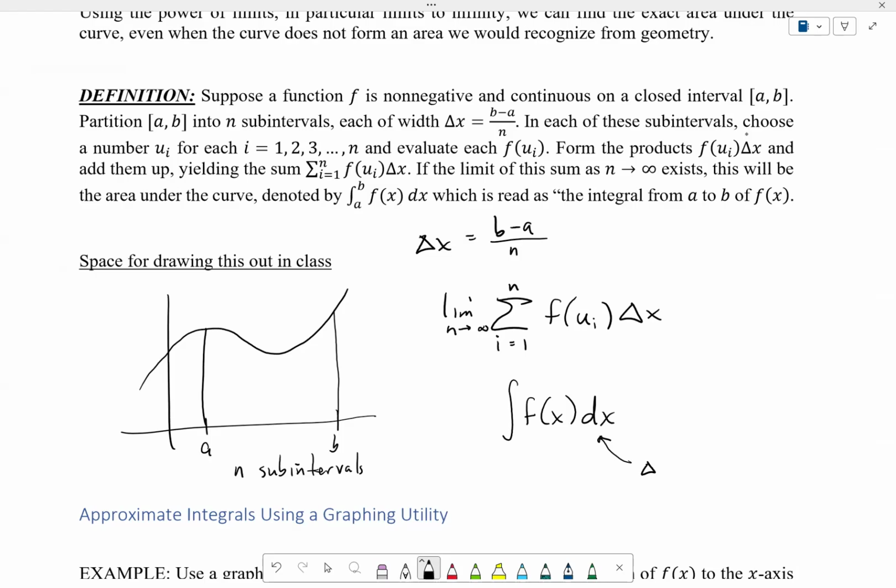This is just a delta x that is infinitesimally small. And to define the region, we'll say from A to B.